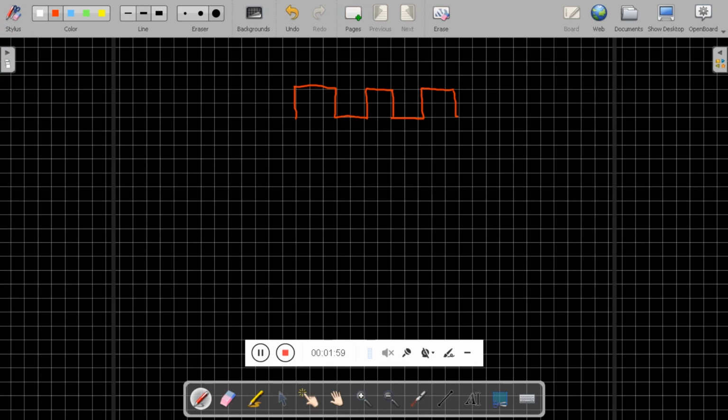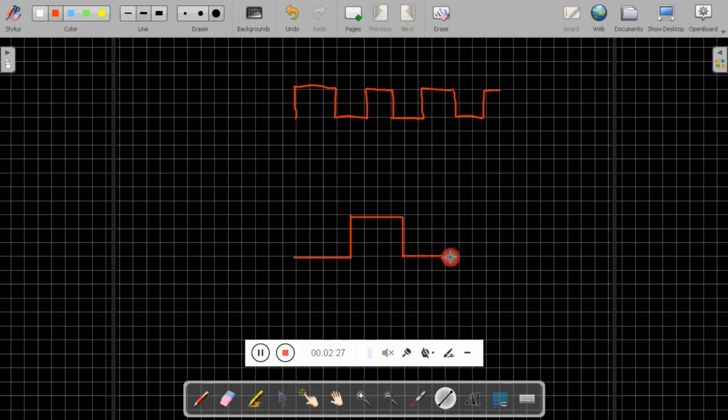This is the output of an astable multivibrator. But in the case of monostable, it will remain in the stable state. When you give a trigger pulse, it will move to the unstable state, and it will remain in that unstable state for some time. After that, it will return to the stable state.